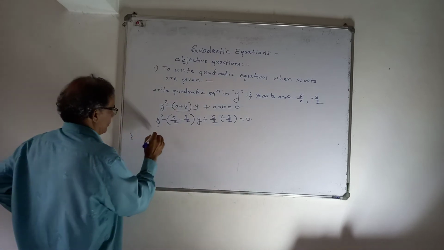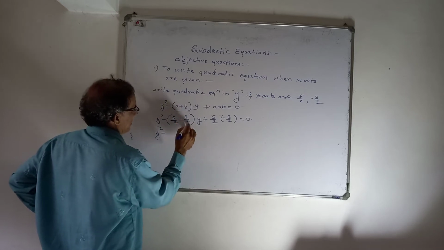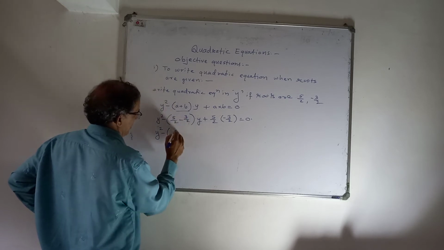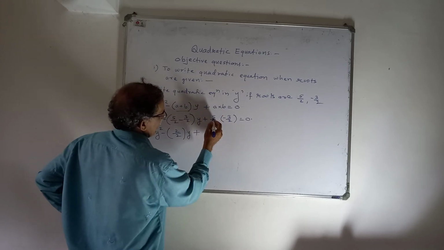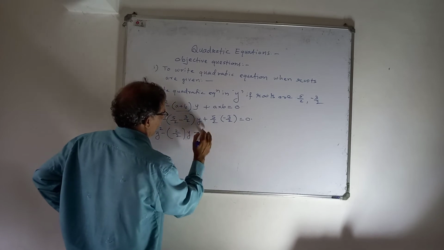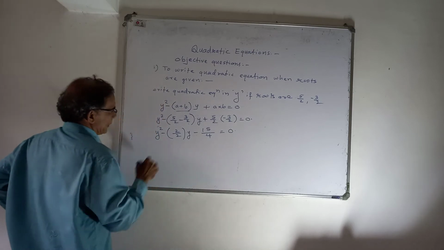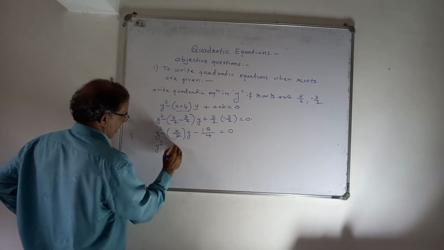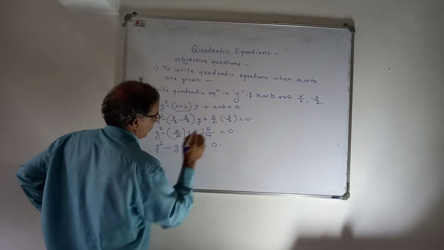Now it is y square minus (5 by 2 minus 3 by 2). Denominator same. So 5 minus 3 means it is 2 by 2, into y plus, now this is multiplication, so plus 5 into minus 3. So that will be minus 15 upon 4 is equal to 0. Now 2 1s are 2. So what remains here? y square minus y minus 15 upon 4 is equal to 0.